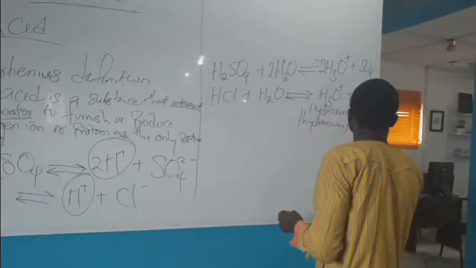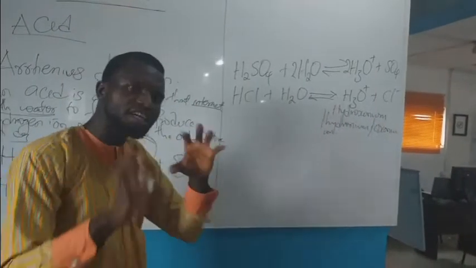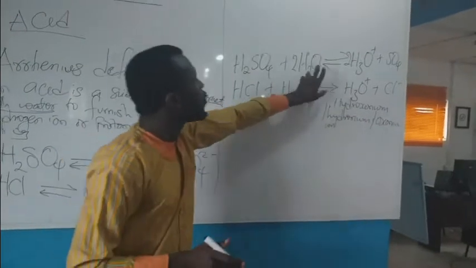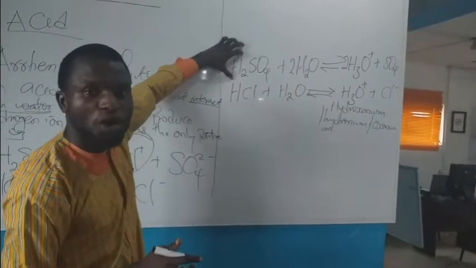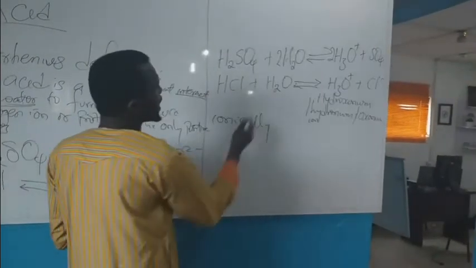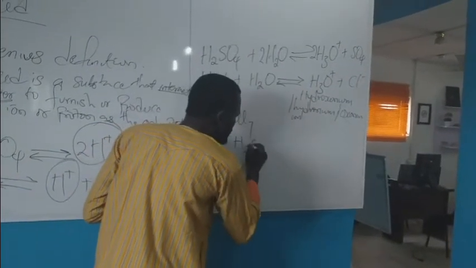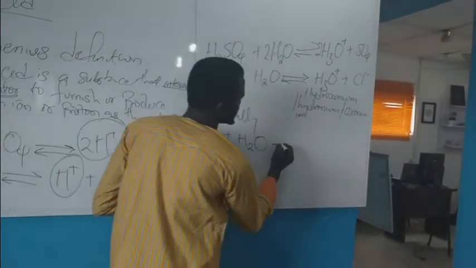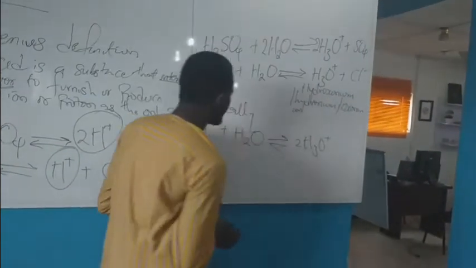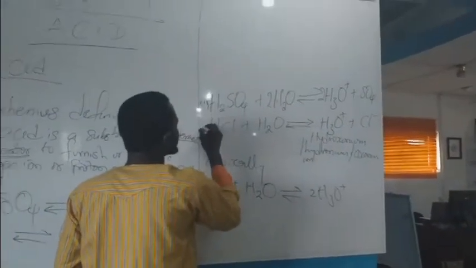ion. From this second equation, it is crystal clear that water interacts with the hydrogen ion. So this above equation can be translated as 2 hydrogen ion plus water giving you 2 hydronium ion.